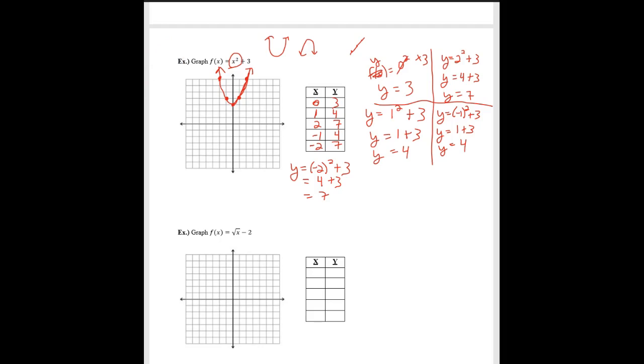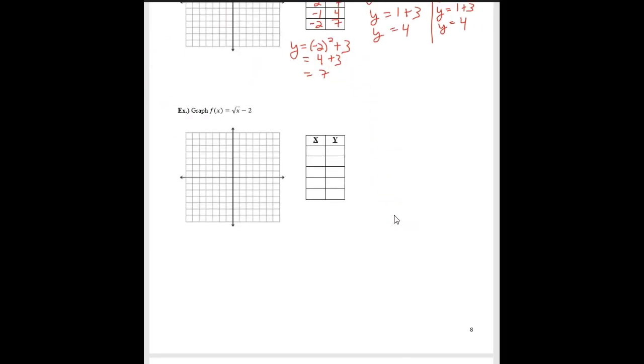Let's look at this next example. This one is a square root. We know from the parent graph it should end up something like that. A curved kind of shape as such. So again, I'm just going to start with a nice easy number to see where I end up on that graph.